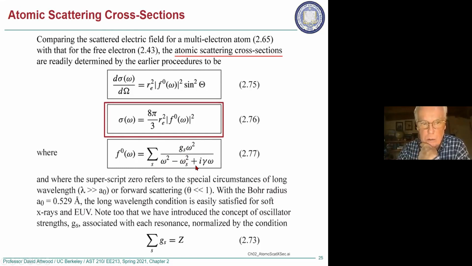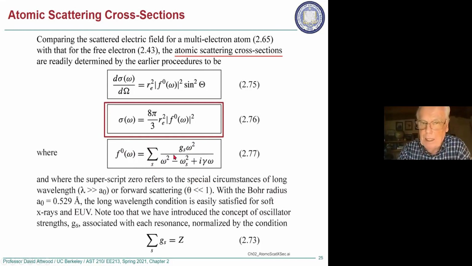So you can see we're copying here. We're looking forward to the quantum mechanical model. The atomic scattering factor will have all these frequency components, but it could have a summation over different resonances. And those resonances would have to be normalized. For instance, for a single electron, these would normalize to 1. If you added up all of the oscillator strengths, they have to add up to 1.